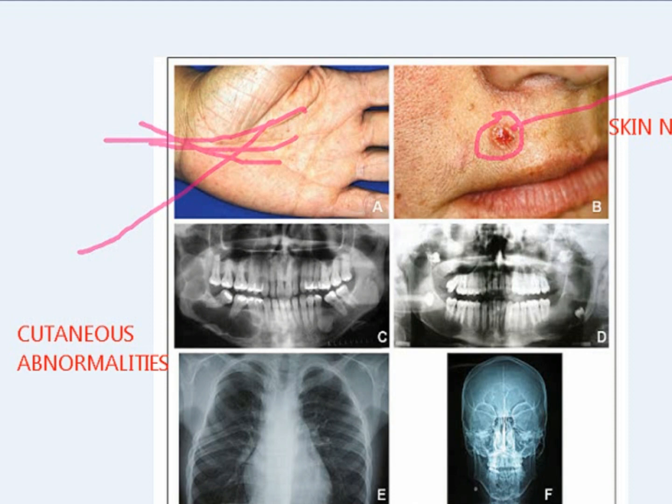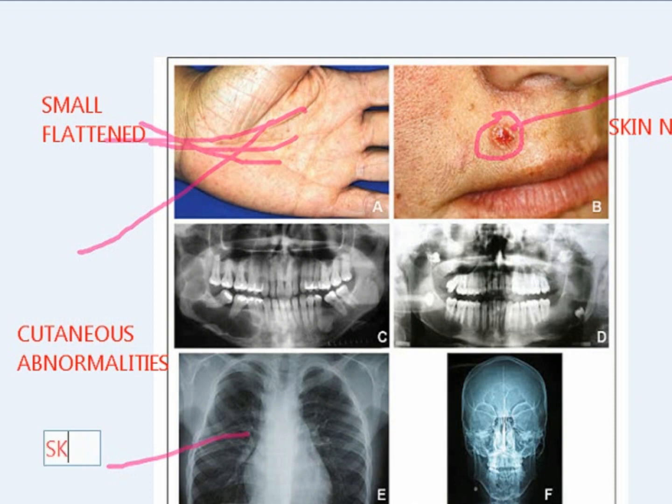These are the palmar and plantar keratosis. These skin lesions, remember, are small and flattened. They can occur anywhere in the body but are more prominent on the face and the trunk.